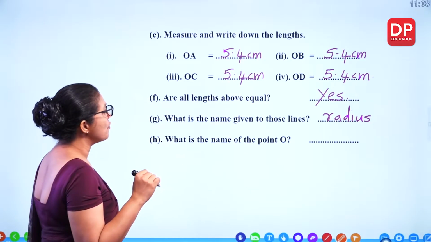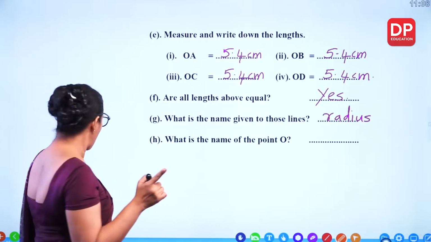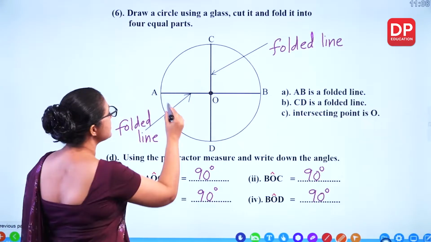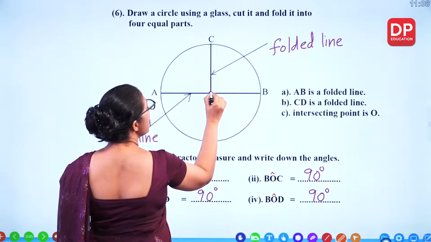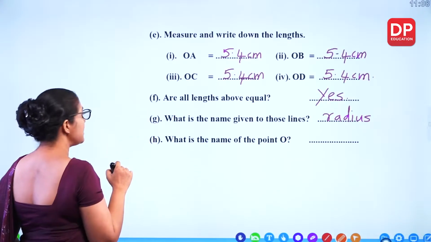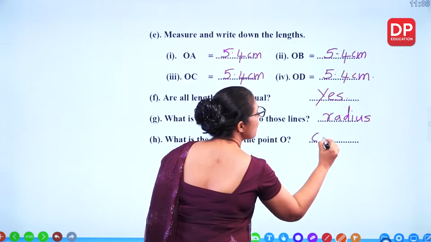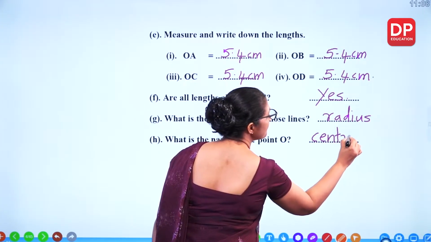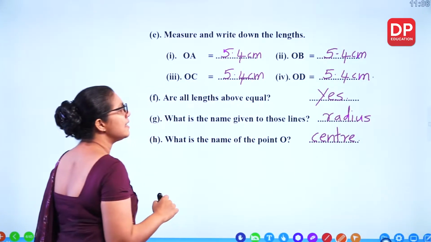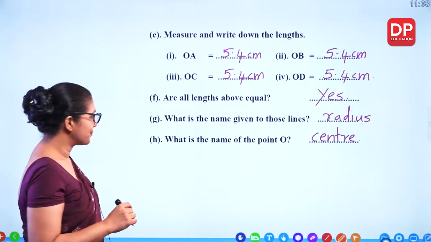What is the name of the point O? O is the intersecting point of the two folded lines. This point is the center of the circle.